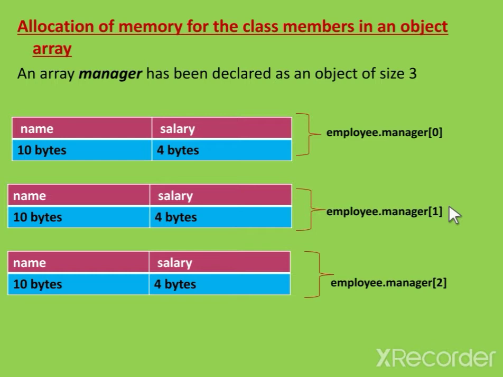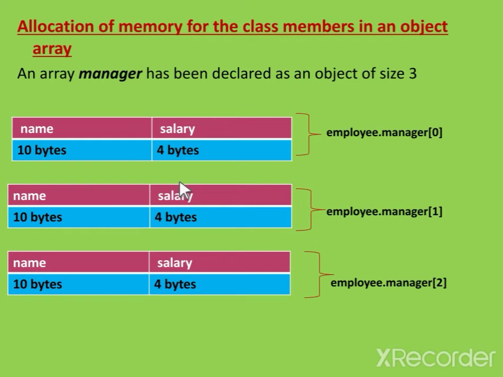Next, this shows the allocation of memory for the class members. For the first object, employee manager, it allocates 10 bytes for the name and 4 bytes for the salary variable.